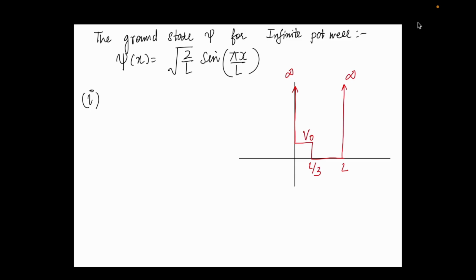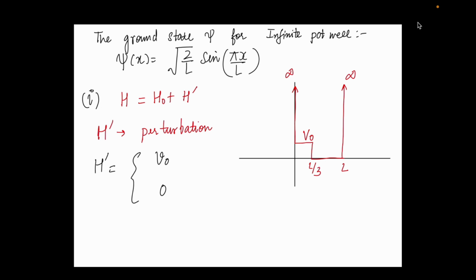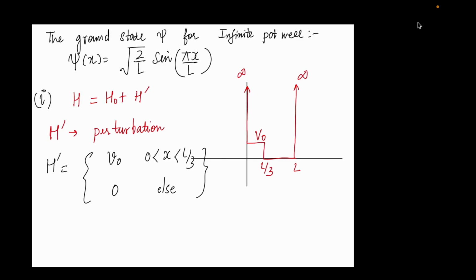So what you can say is your perturbation H prime is V naught from x equals 0 to L by 3, and 0 otherwise. That's our perturbation. Now let's represent the correction to the ground state energy, the correction to the first order.